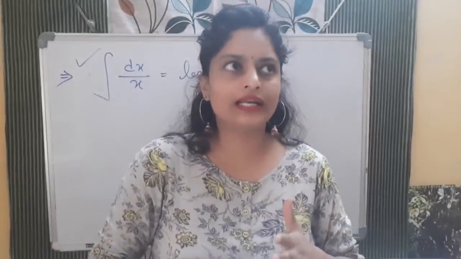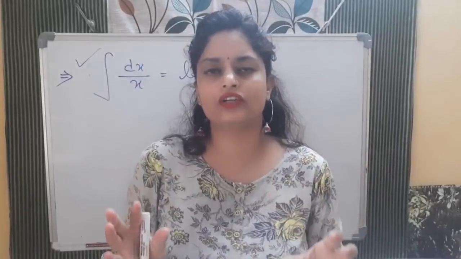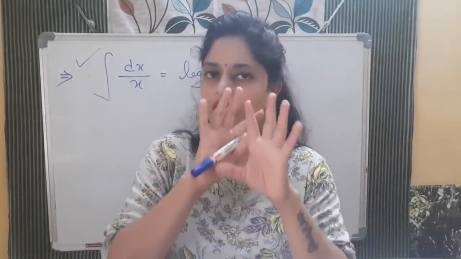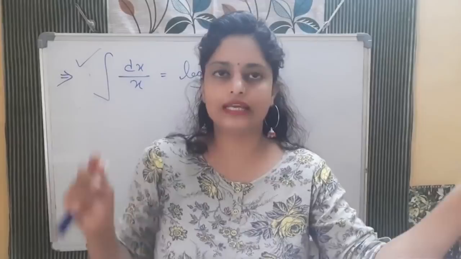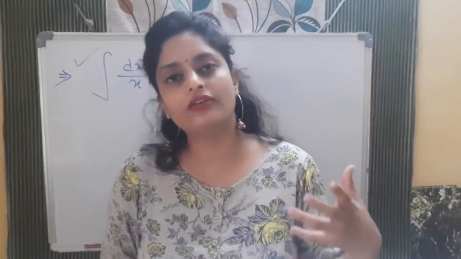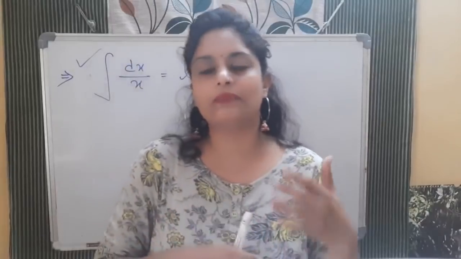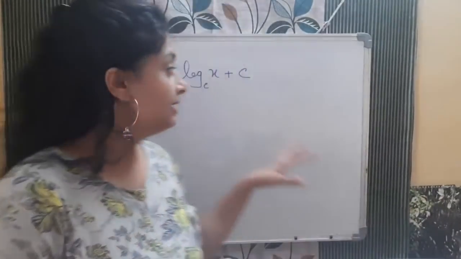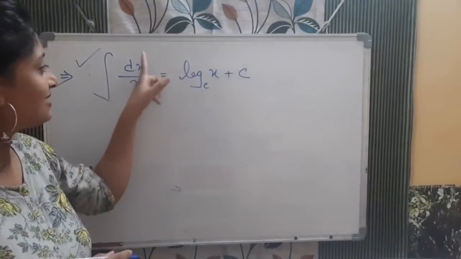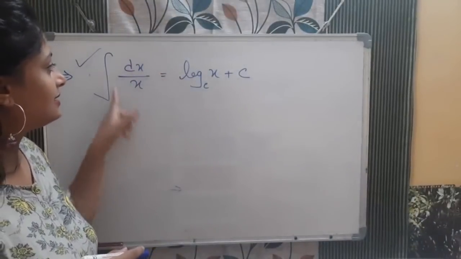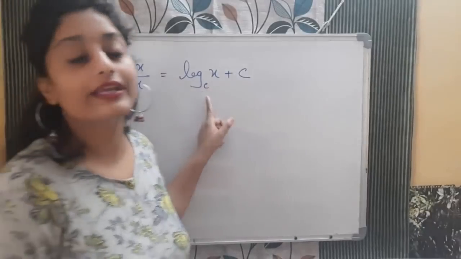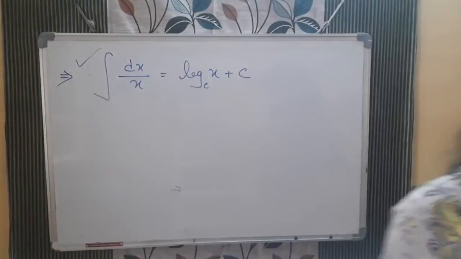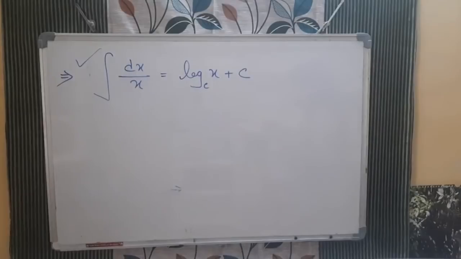Then I told you that if there is a sum of two different functions, you can integrate them individually, u dx plus v dx. And the third formula, that if it is multiplied with any constant, you can take out that constant and then integrate. Now in this formula, if it is dx by x, the answer will be log e x plus c. You need to remember this thing, log e x plus c.